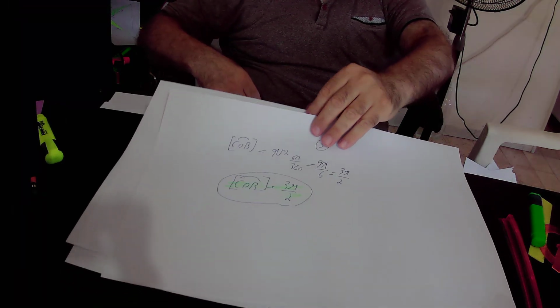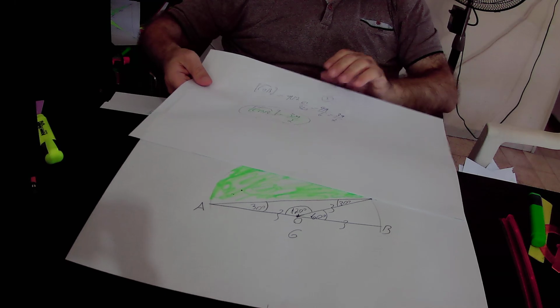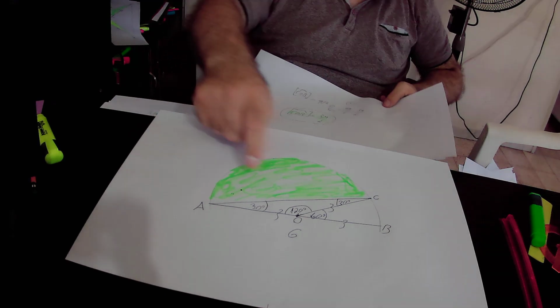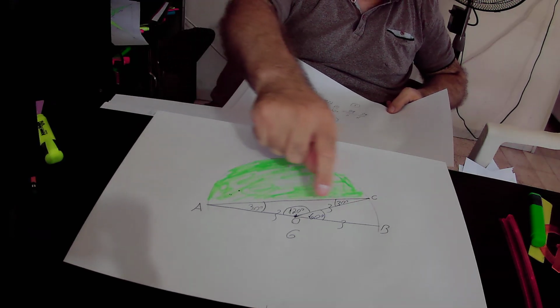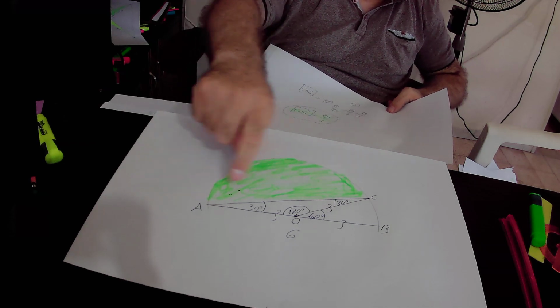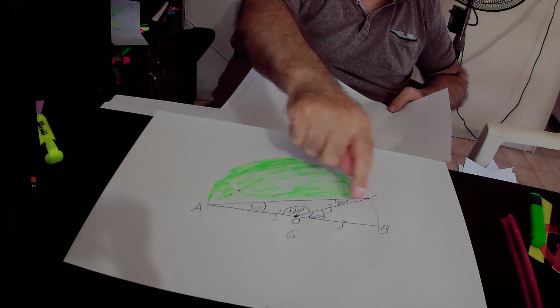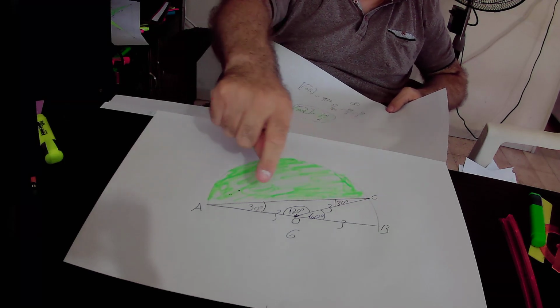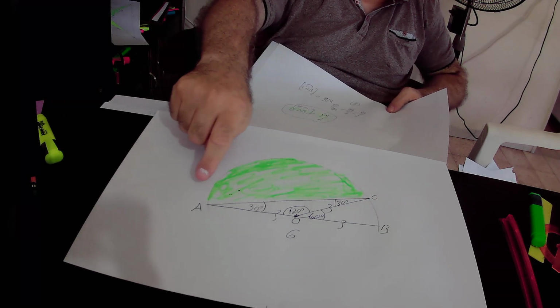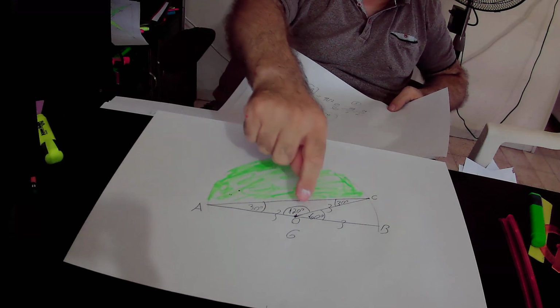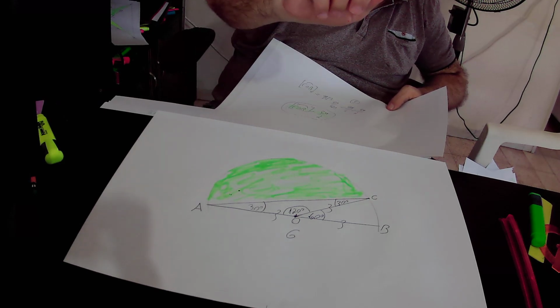For the area of sector COB, you know that AB is the diameter of the semicircle, therefore it is a straight line. And the sum of the angles on one side of a straight line is equal to 180 degrees. So if we focus on the upper side of AB at point O, the sum of the angles must be 180 degrees.